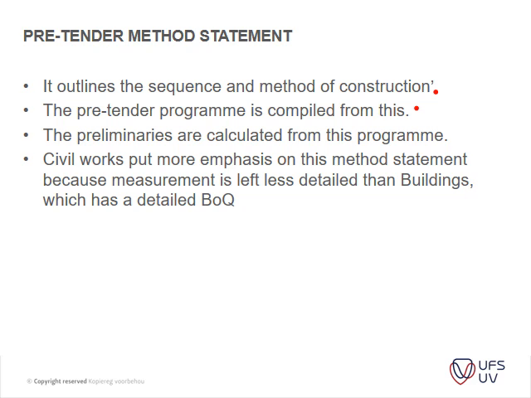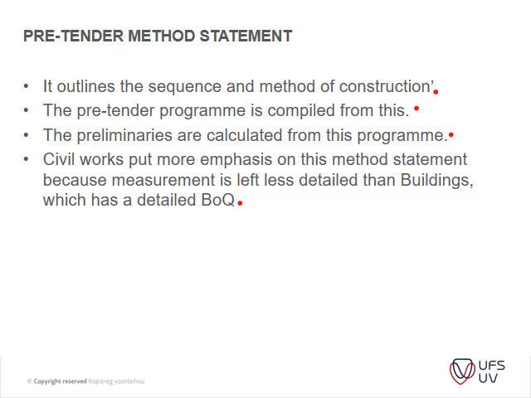It sequences all the items that you're going to do, but you can't really know what is behind each item without a method statement. Then your preliminaries are calculated from this program. Then your civil works put more emphasis on the method statement, because measurements are left with less detail than in the building contracts.